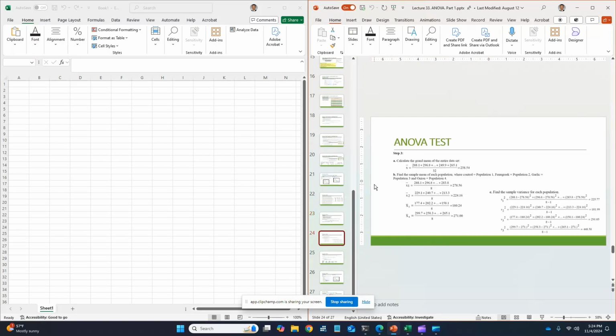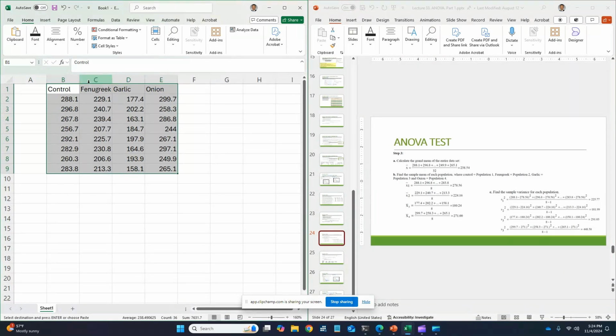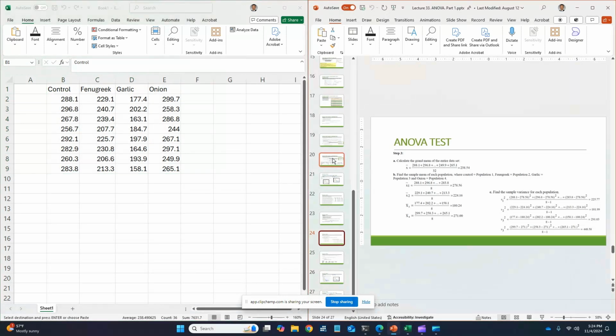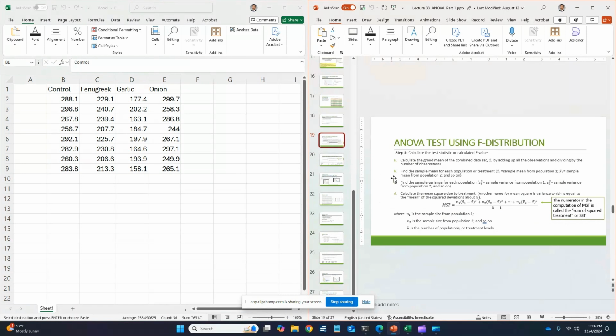So for this ANOVA test, we're going to use Excel, and I have the data set entered right here. Let's blow this up a little. And notice that the formula wants us to calculate the MST and MSE.